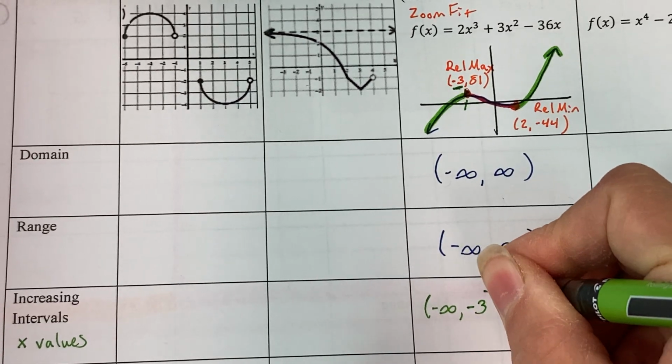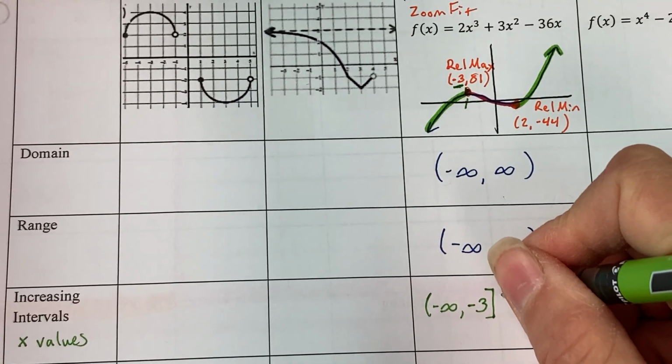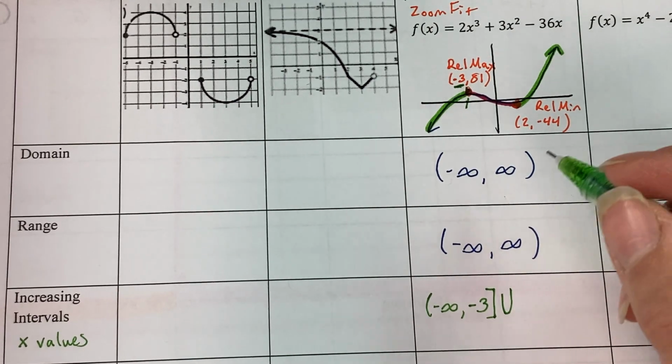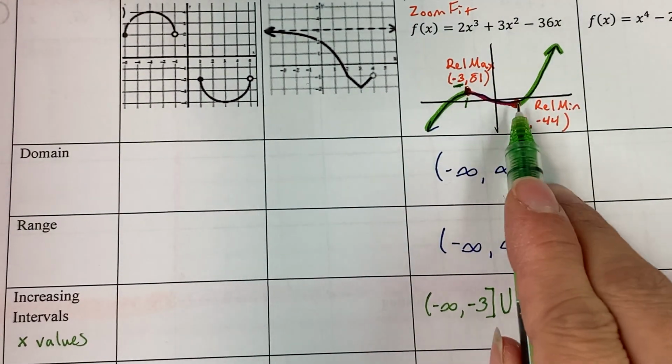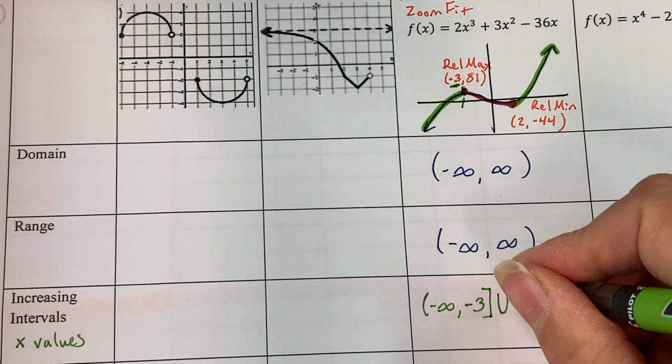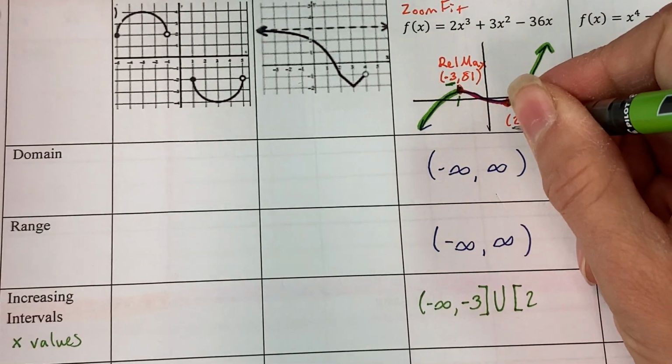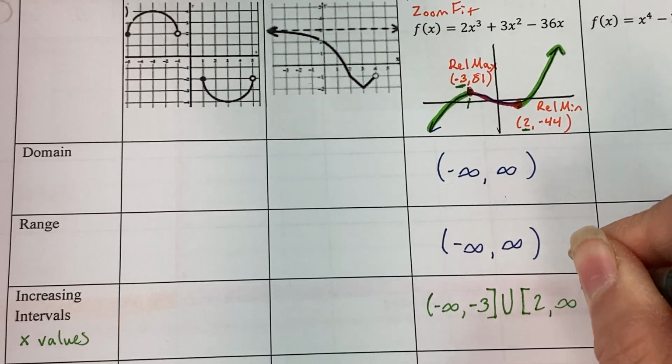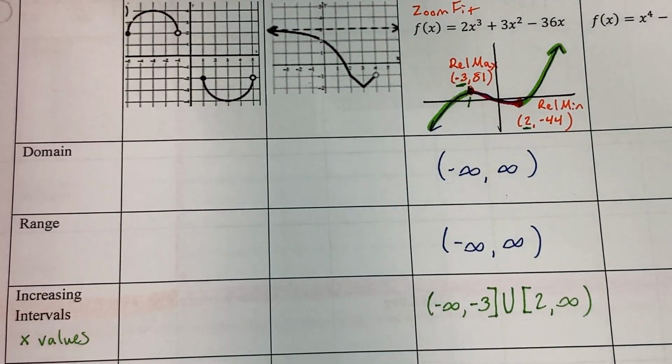So negative 3 with a bracket. Union notation. Where do we start increasing again? At this x value of 2 to infinity.